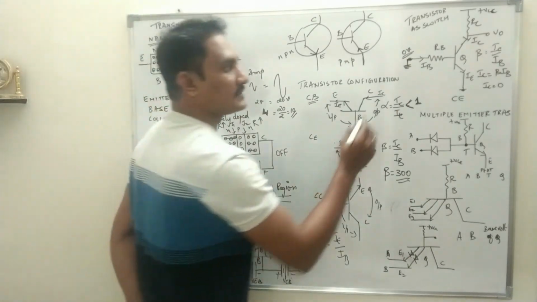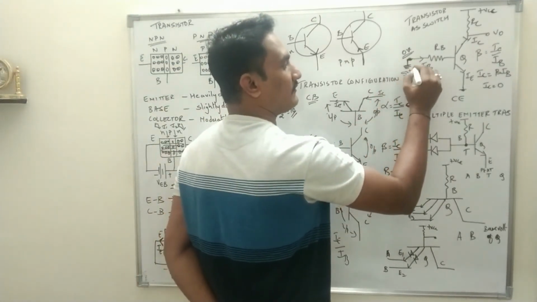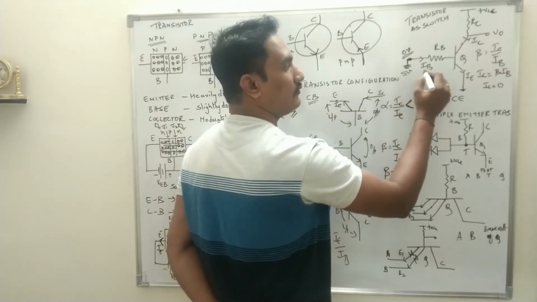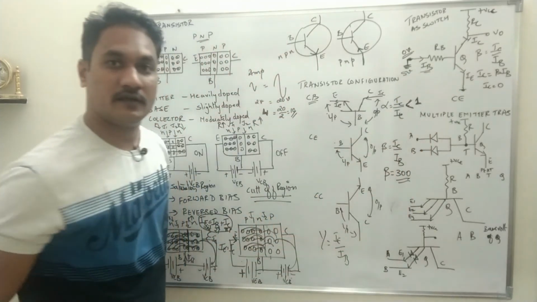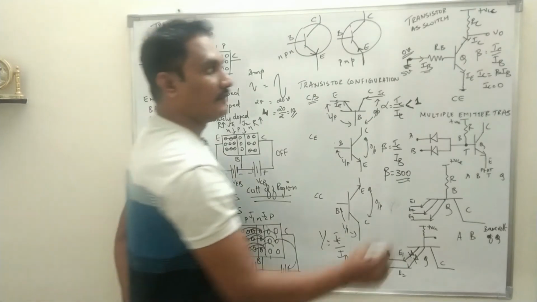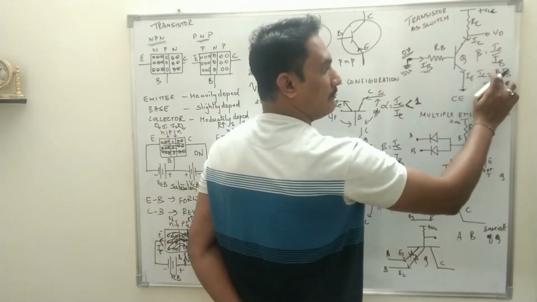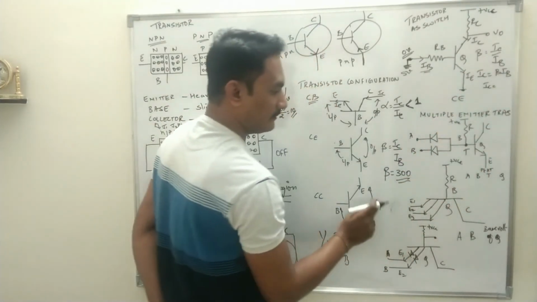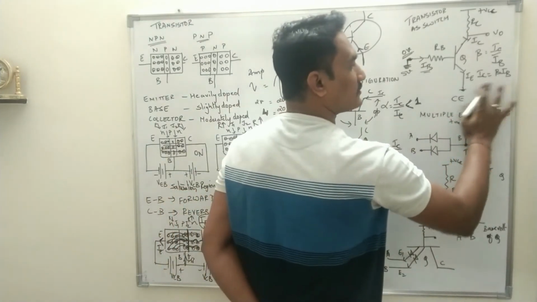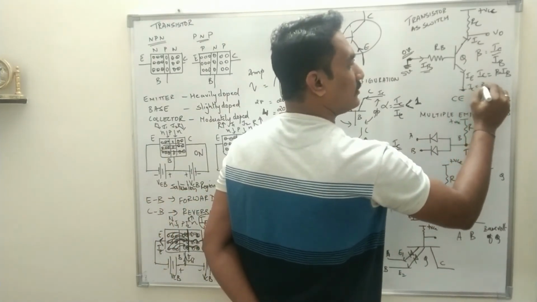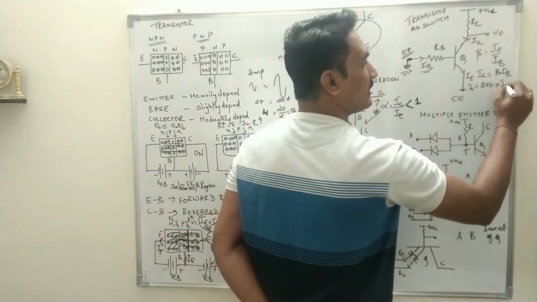Now suppose I apply 5 volt. For 5 volt some base current will flow, and that base current is multiplied by beta. Beta is 300, so IC is equal to 300 times IB.